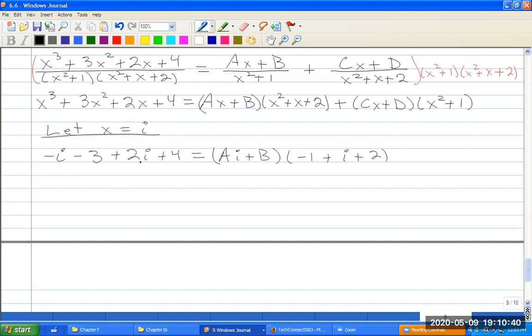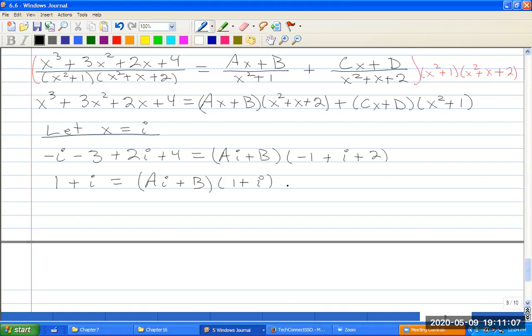And so I get 4 minus 3 is 1. 2i minus i is i. Is equal to Ai plus B, sorry, times 1 plus i. 2 minus 1 is just 1.